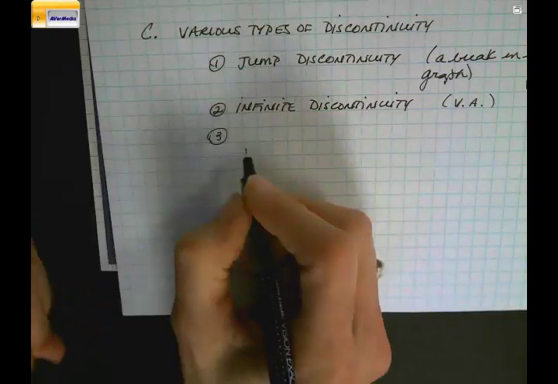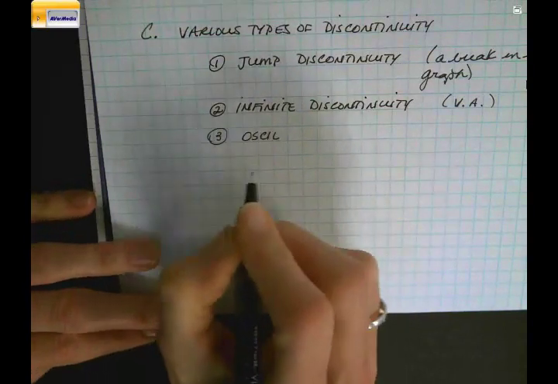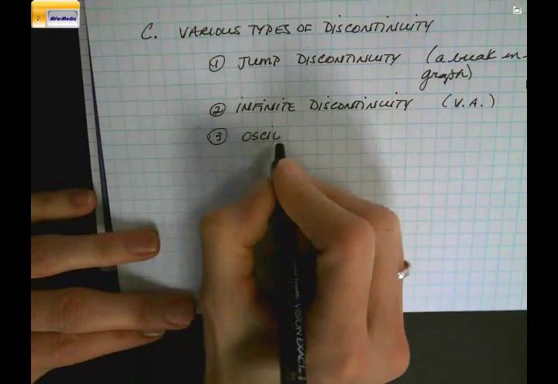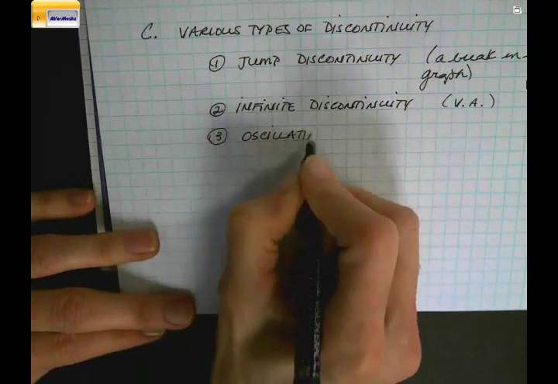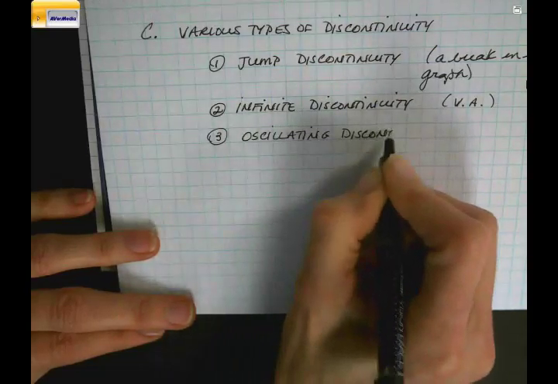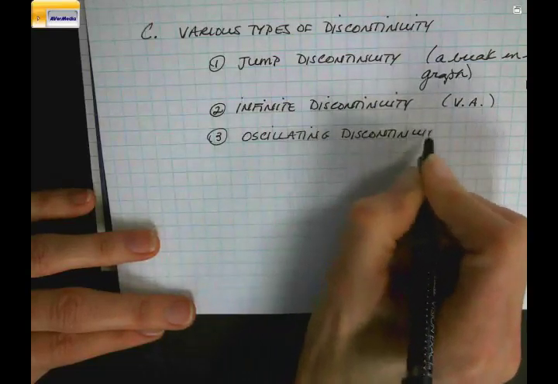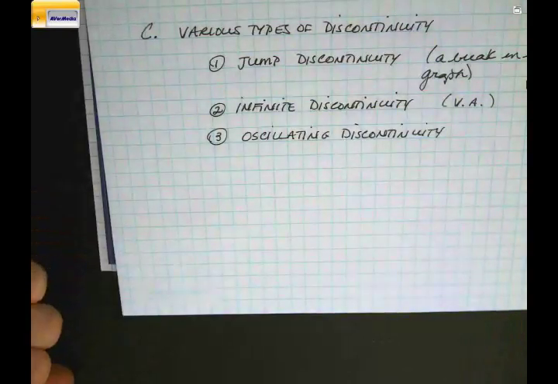Okay, and then we have the ones that we're not going to deal with. That's how I spell this right. Oscillating discontinuity. Of course, that just explains itself. Oscillating discontinuities.